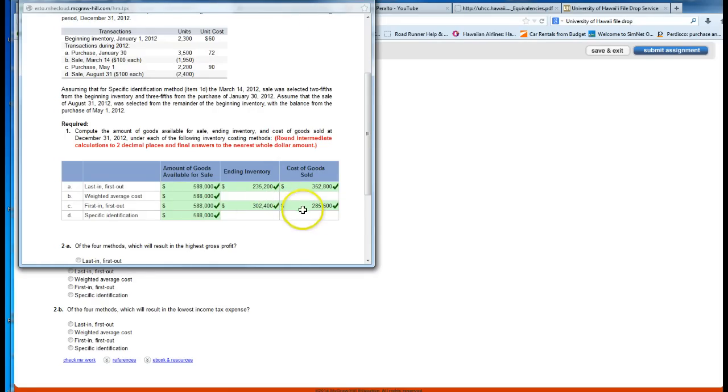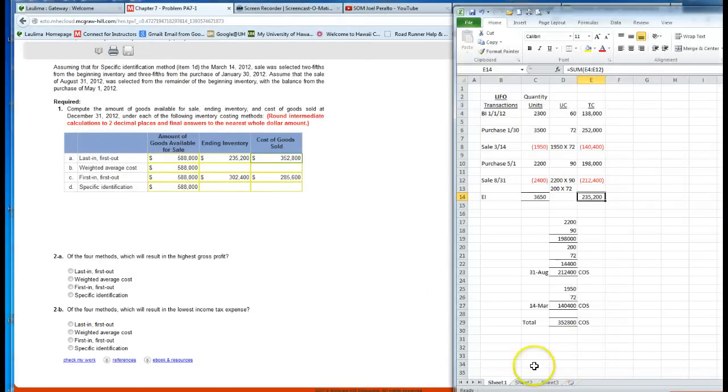Again, we did the FIFO in class today. I know that was pretty difficult to follow. We did it pretty quickly. I just wanted to follow through with the LIFO, which we just did here with the calculations showing here on the spreadsheet.